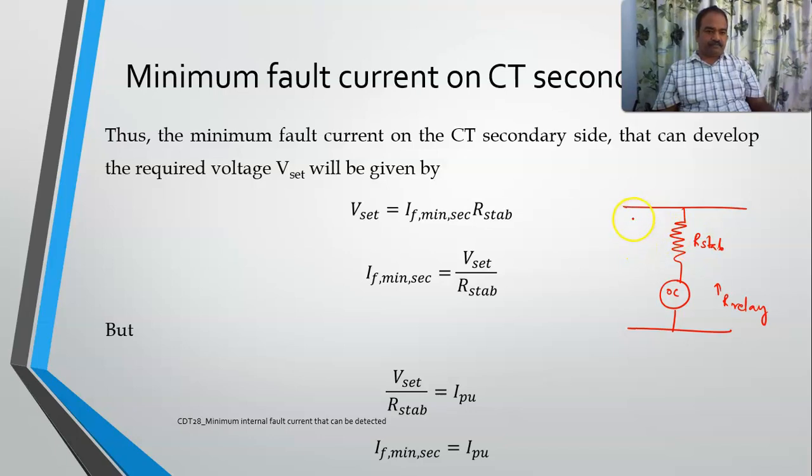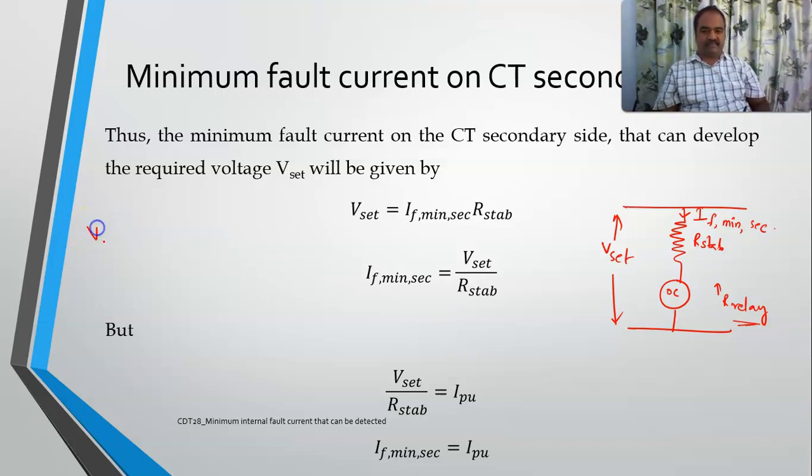So this entire voltage is your V set voltage, and this is the current flowing through it. If I neglect this particular resistance, this is the minimum fault current which is to be detected, this is secondary. Secondary current is flowing in the circuits. Primary current will be flowing in the main circuit. Secondary current will be flowing in the relay circuit, right?